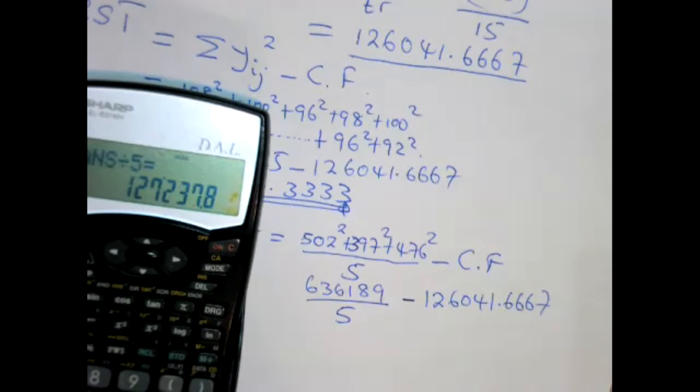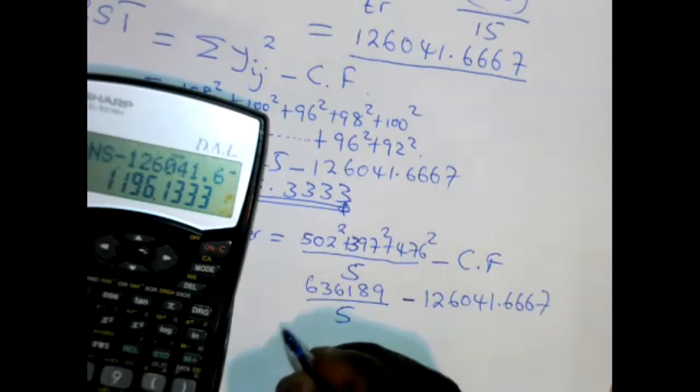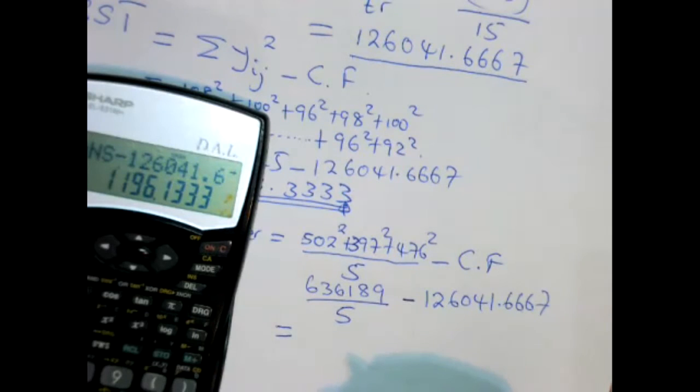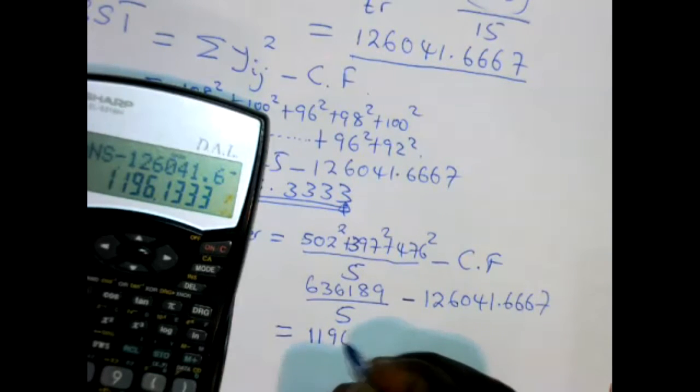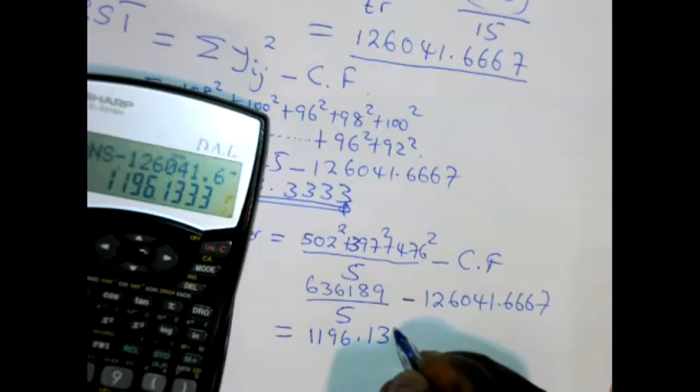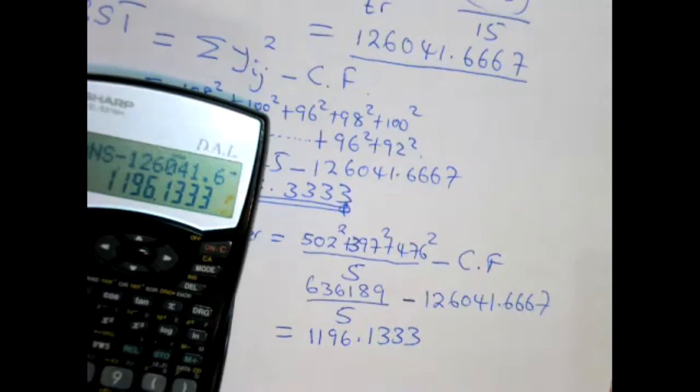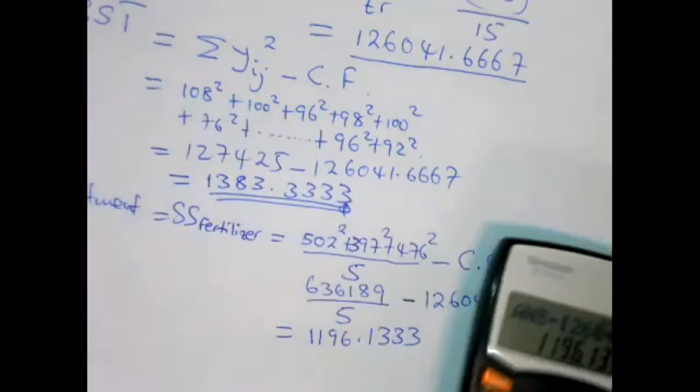That is 127237.8 minus 126041.6667. Okay, I think that is the correct answer, 1196.133. Take note that we should never get a negative sum of squares. When you see yourself getting a negative sum of squares, know that you have made a mistake. It is better to start over and recheck the calculations, which is exactly what I had done here.